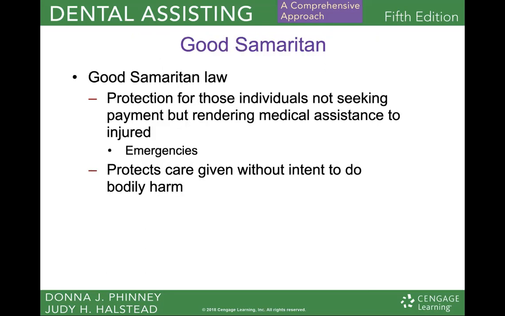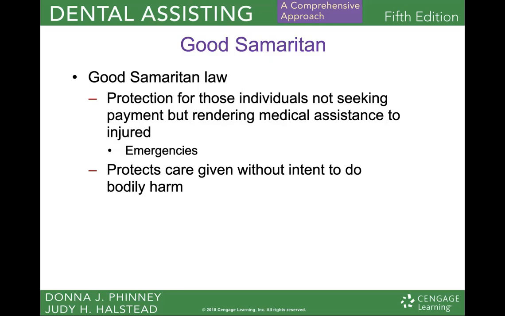The Good Samaritan law is for individuals who are not seeking payment but are rendering medical assistance to the injured. This is protection for those individuals in cases of an emergency, like CPR. If a person is out in the street and collapses, and somebody from the dental team is certified in CPR, they can administer CPR without the fear of being sued because they broke the person's ribs while giving chest compressions.